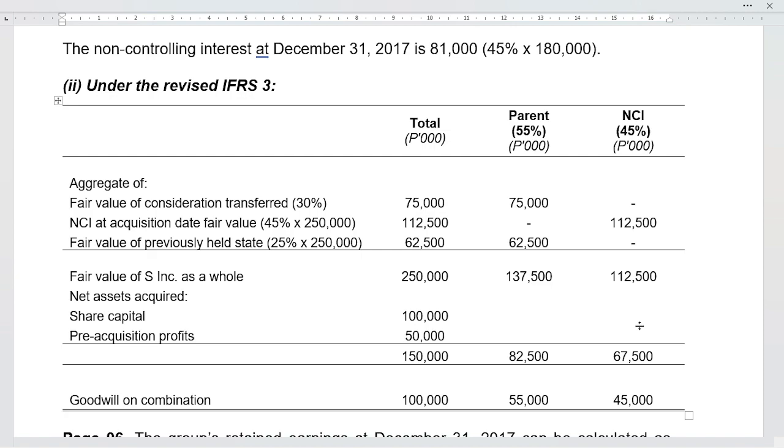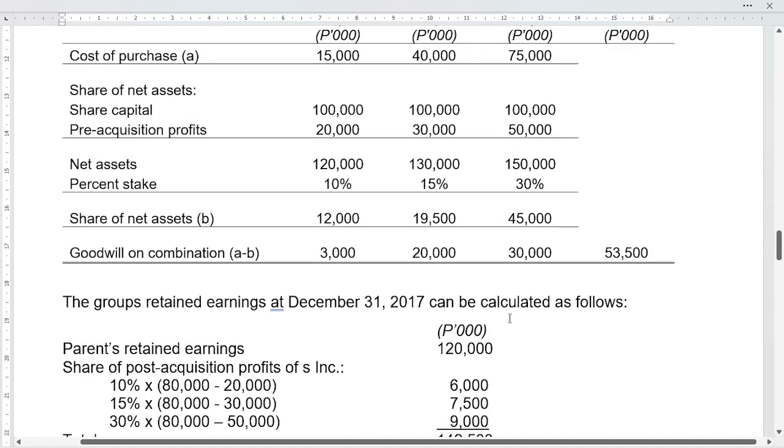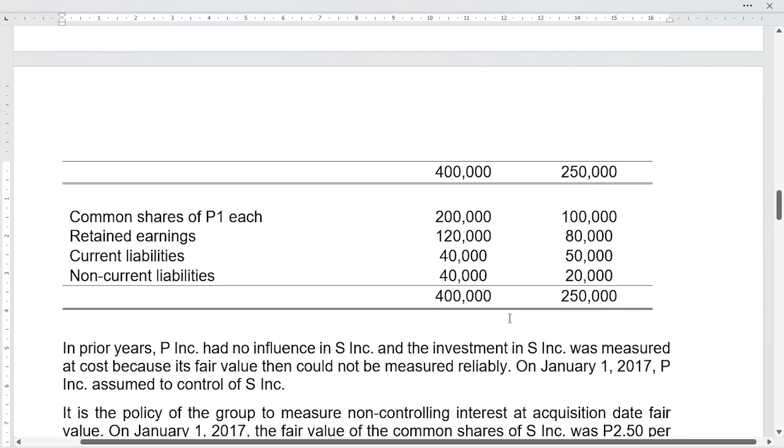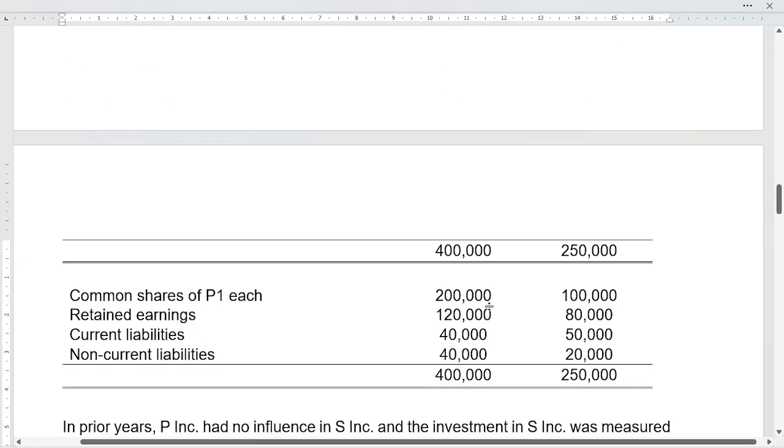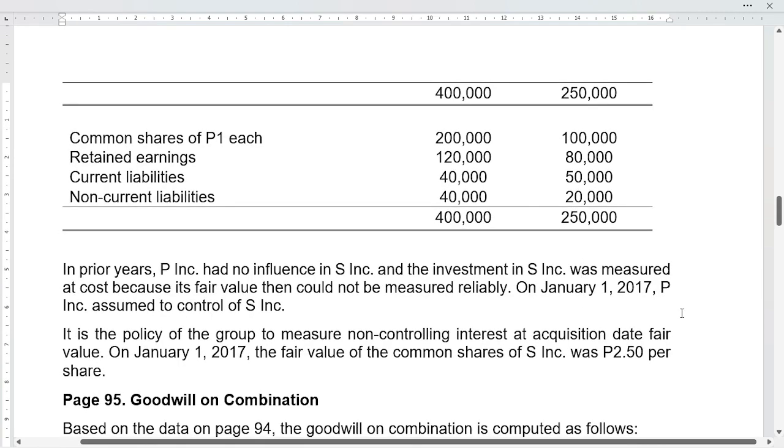Okay, iakyat mo ng iakyat. Hanapin na natin yung 250. Iakyat mo. Teka, sandali. Baba mo, ayan. It is the policy of the group to measure non-controlling interest at acquisition date fair value.